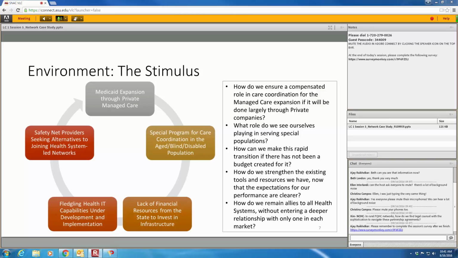The health system-centric models, or hospital-centric private health systems, really already had robust contracting capabilities. Many of them were already doing this type of contracting with commercial insurers, some even running Medicare Advantage plans or Medicaid managed care plans themselves.